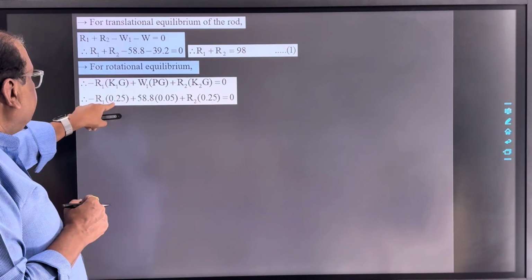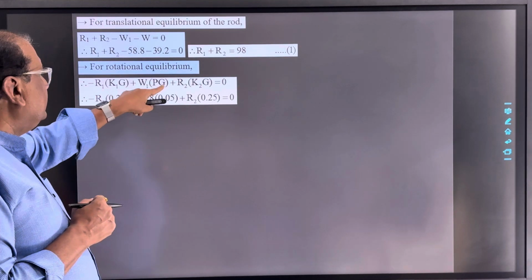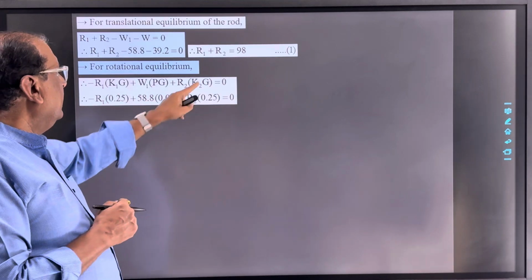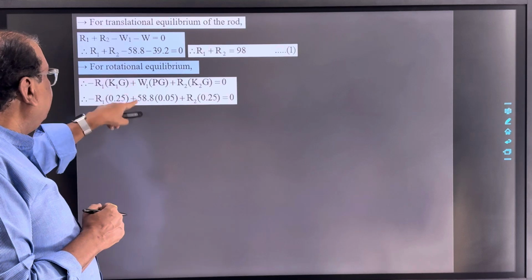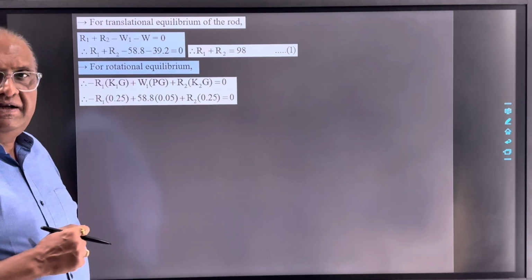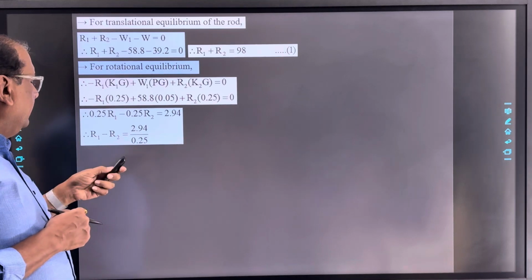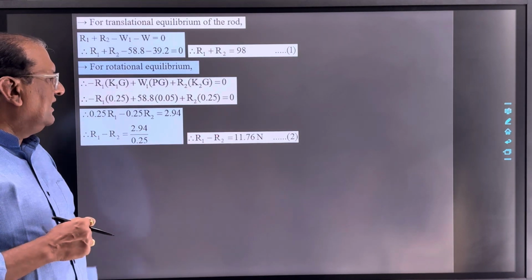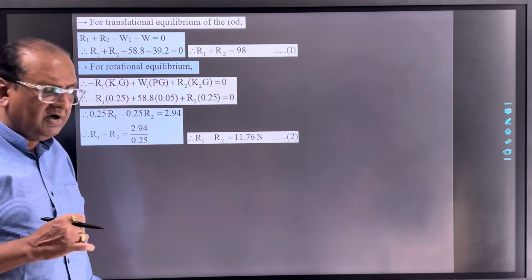Now K1G 25 centimeter, so that is 0.25 meter, PG that is 5 centimeter, so 0.05 meter, K2G that is 0.25 meter, and W1 that is 58.8. Now if we solve this one, then we will get here R1 minus R2 is 11.76 Newton. Say this is equation number 2.